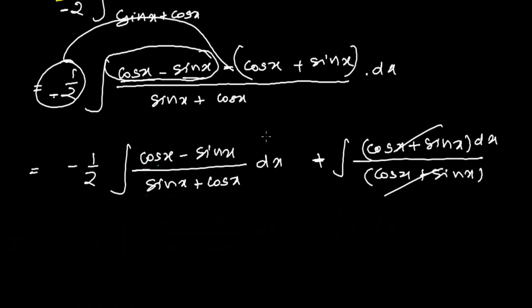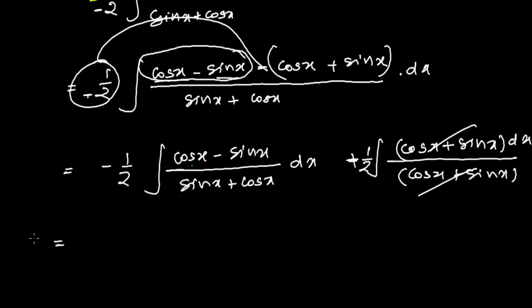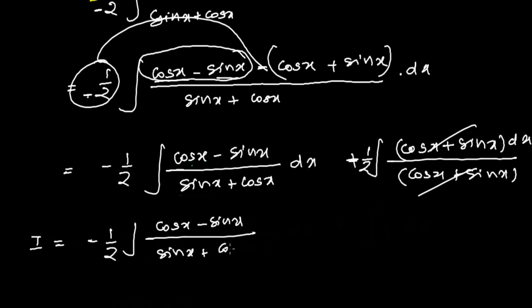Okay, and I think I forgot to write this half. Okay, this half is here. So our question is turning into something like this. Our integral is now negative of half cosine of x minus sine of x divided by sine x plus cosine of x dx plus half dx, because there is nothing left, just 1.